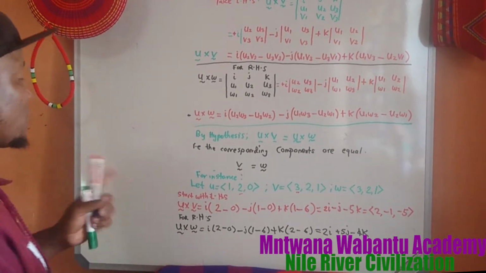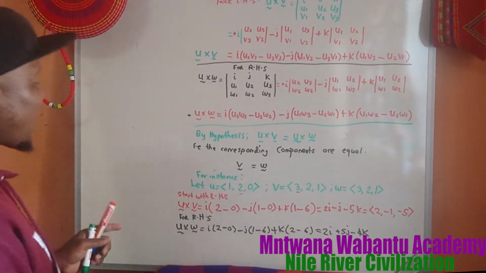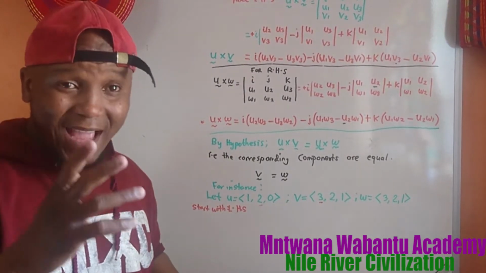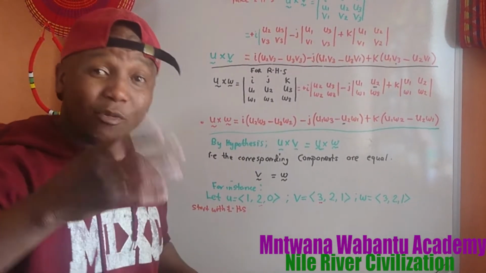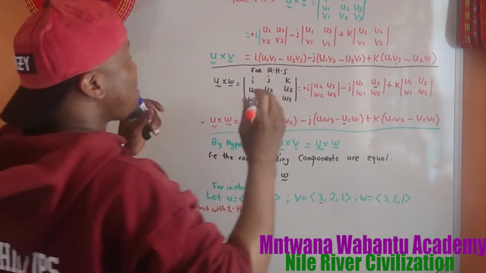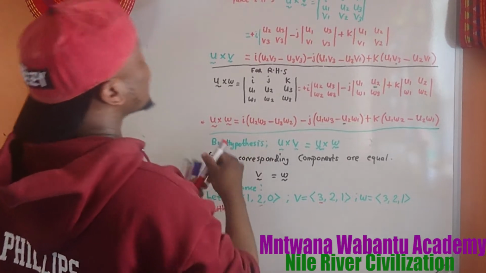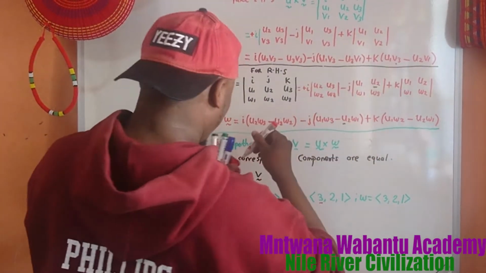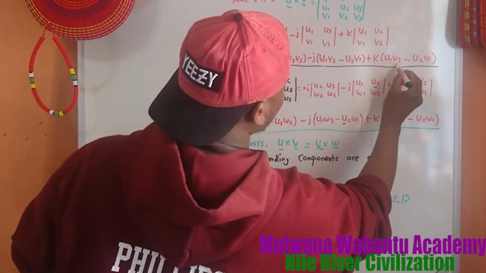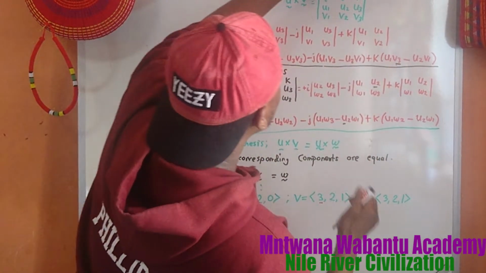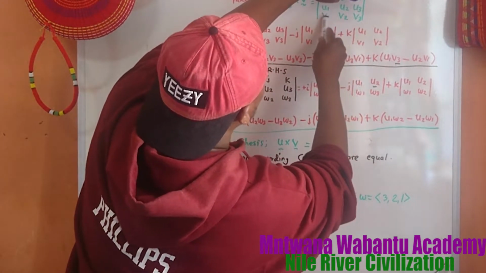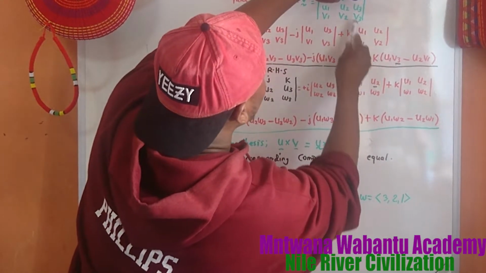I think for the first one I have it right, and the second one. Alright, so you know what, guys? I realized that I made a mistake. I'm sorry. I'm going to correct it. Look here, when I set up my matrix, I made a mistake. Let me show you. For the k multiplication, if I look for the k, I don't need these, it's u1 v1 and u2 v2.